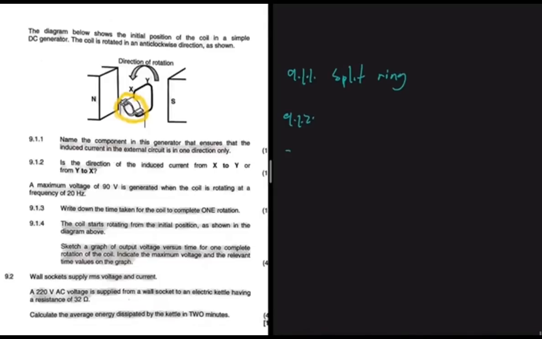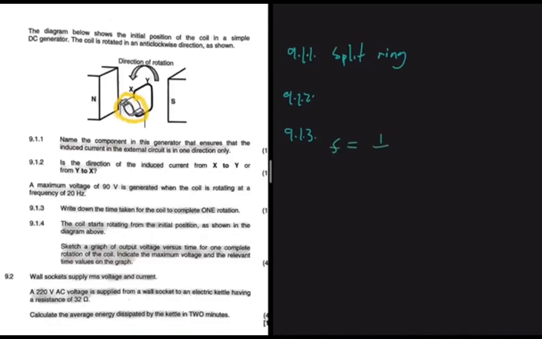Now let's do 9.1.3. It says that a maximum voltage of 90 volts is generated when the coil is rotating at a frequency of 20 Hz. Let's write down the time taken for the coil to complete one rotation. We have frequency equals 1 divided by the period, right? Grade 10.